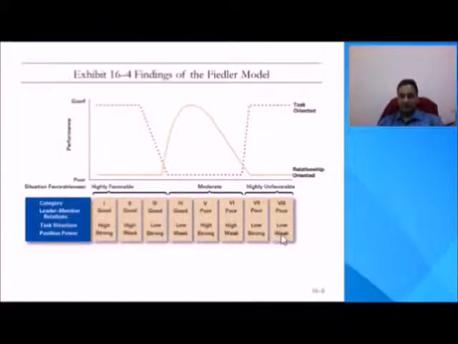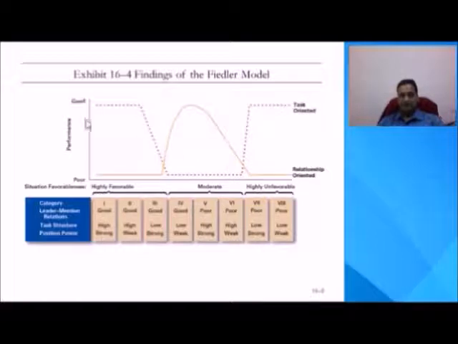That means the leader does not have the ability to influence hiring, firing, or discipline. So the position power of the leader is very weak. Based on this matching, Fiedler identified that task-oriented leaders, the leaders who have a high orientation towards the work, perform better in highly favorable and highly unfavorable situations, while relationship oriented leaders usually perform better in moderate situations.